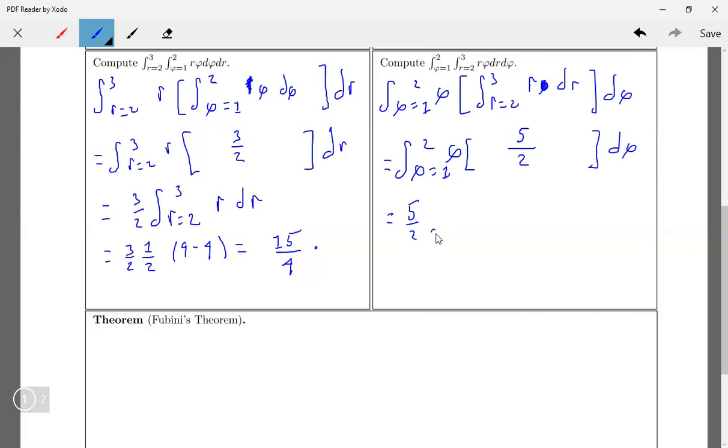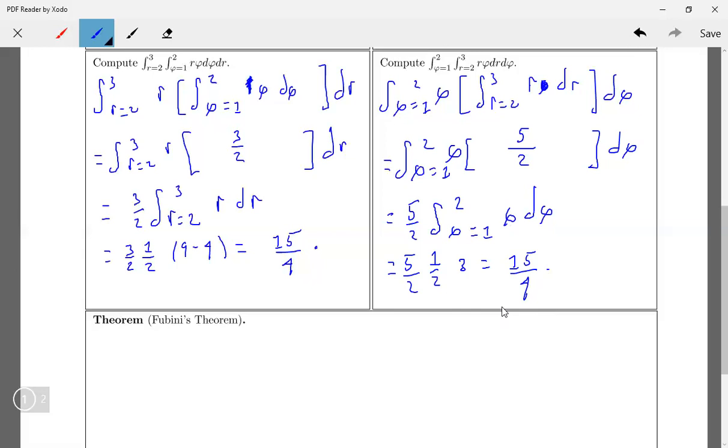So this is 5 halves times the integral from phi equals 1 to phi equals 2, phi d phi. The antiderivative of phi is phi squared over 2, going from phi equals 1 to phi equals 2. So that's 4 minus 1, which is 3. And again, this is 15 over 4.